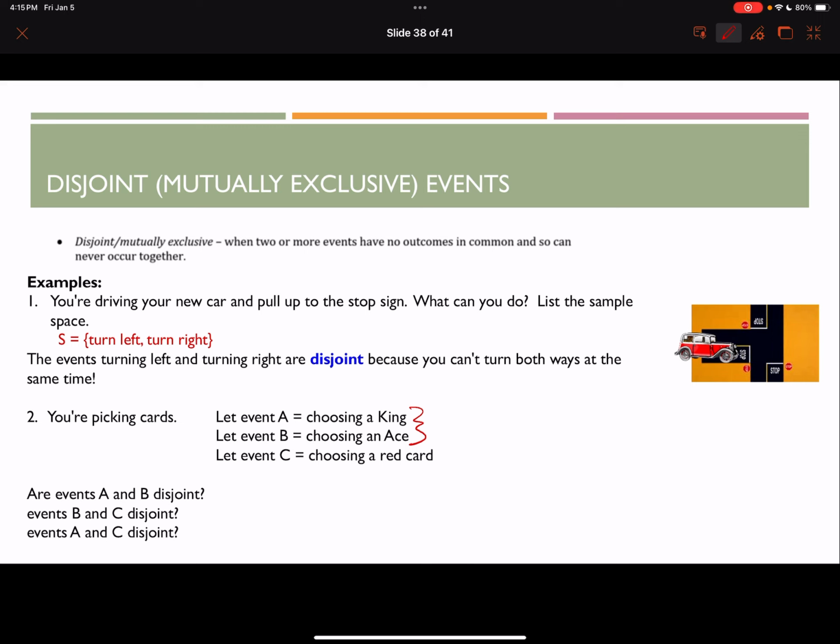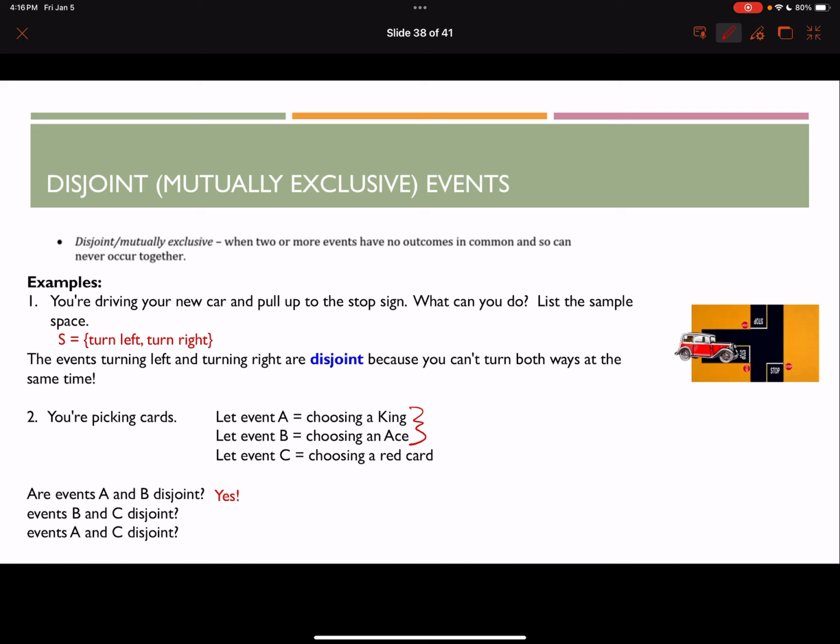Think about your deck of cards. No, that can't happen. So they are disjoint, or you could say mutually exclusive.